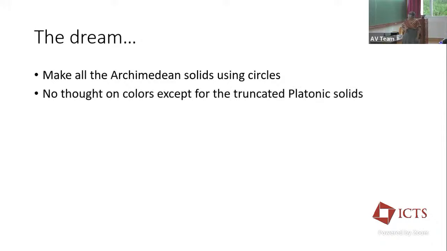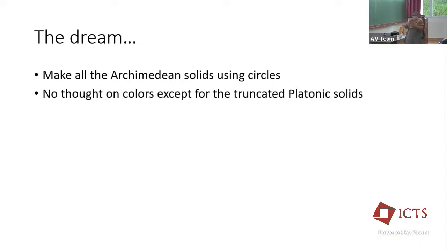So at that point, we knew some of the Archimedeans were truncated Platonics. What that means is, suppose you chop this corner, all the corners. You'll get a triangle here, and the face with its corners cut will become a hexagon, because you are not chopping all the way to the midpoint, but a little bit.